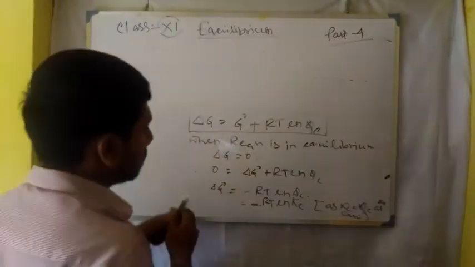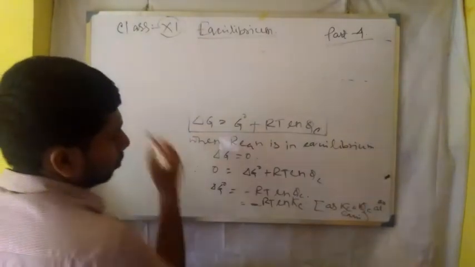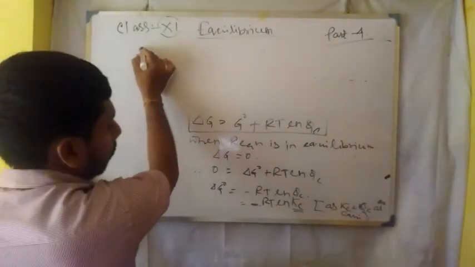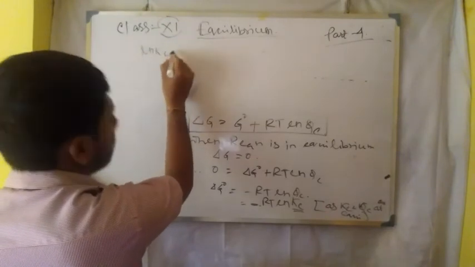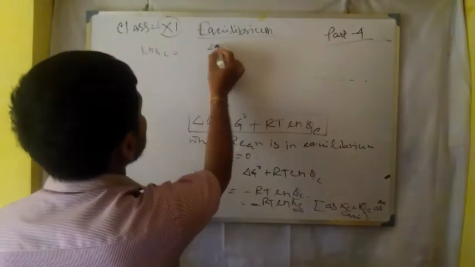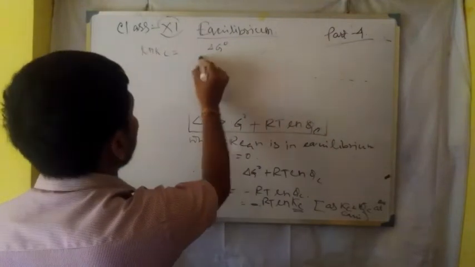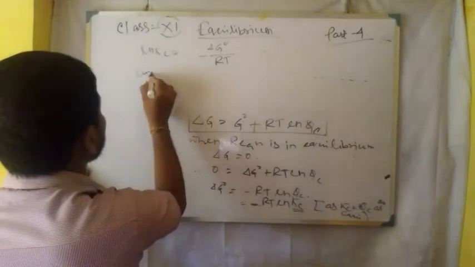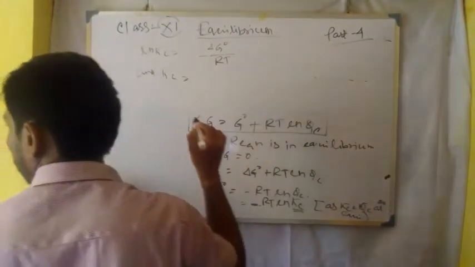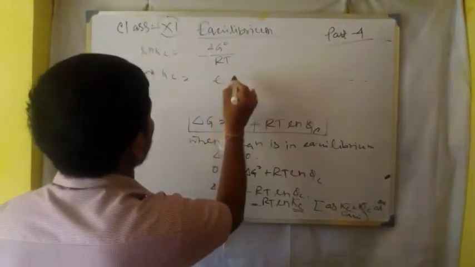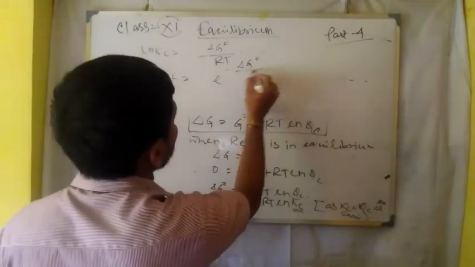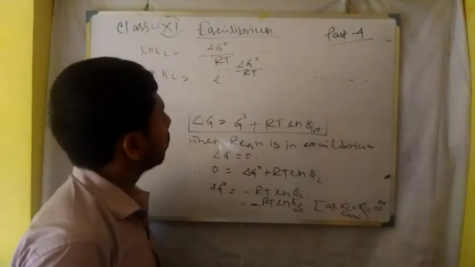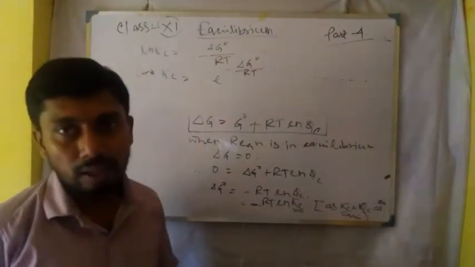We have to take the value of Kc. ln Kc is equal to minus del G0 by RT, and Kc is equal to e to the power minus del G0 by RT.